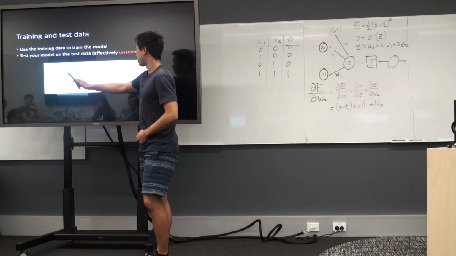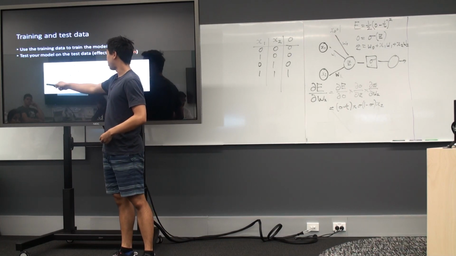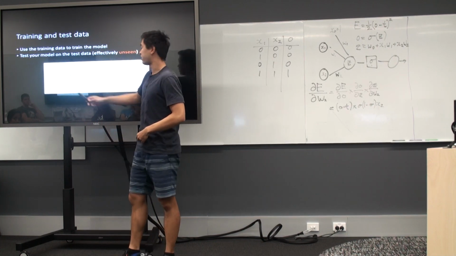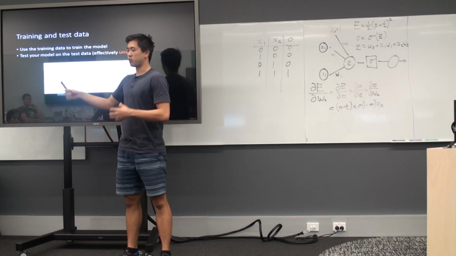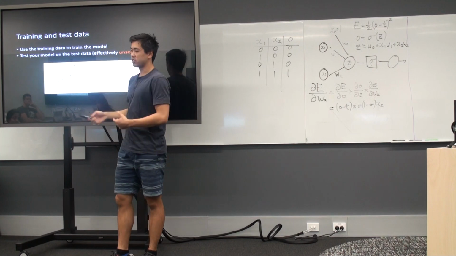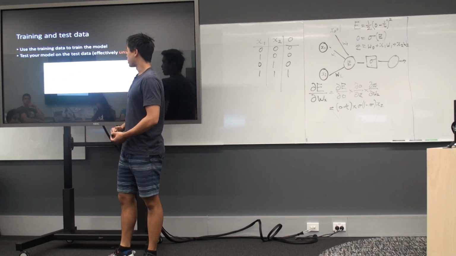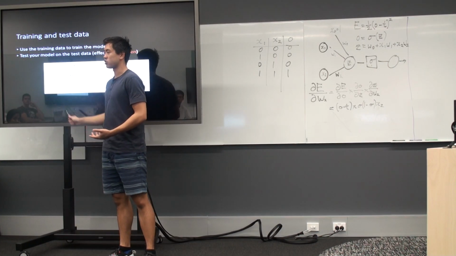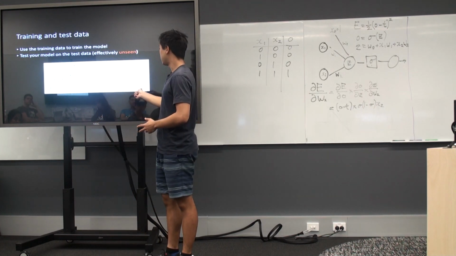For example, here we have 2 models, the green model and the orange model, and we have 2 data sets, the training data and the test data. The training data is what we build our model with. You can see the green model is a lot simpler than the orange one. It's more smooth, whereas the orange model is a lot more complicated and tries to fit the training set too much.